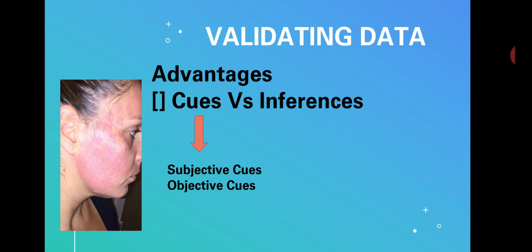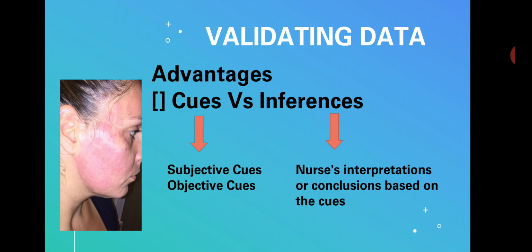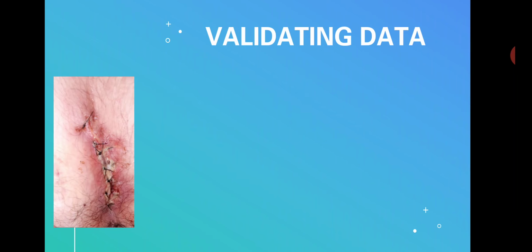And what is an inference? Inferences are the nurse's interpretation or conclusions based on the cues. Okay, let's have an example on the next slide. Here, we have an incision, and it has been sutured already. We don't know how many days already. So let's identify what are the cues here.